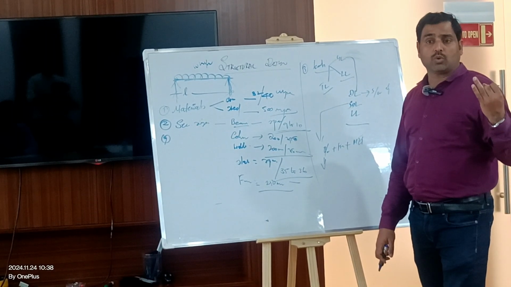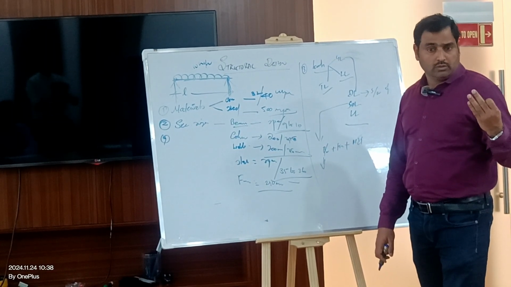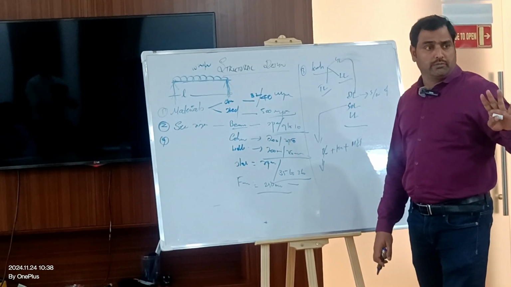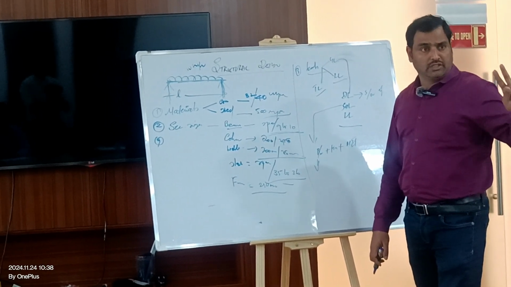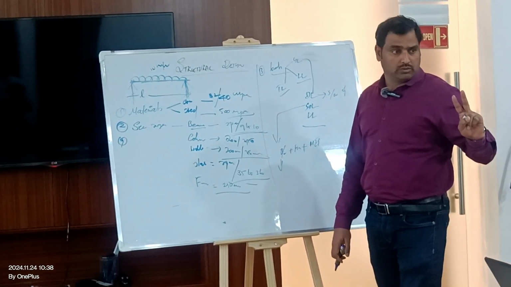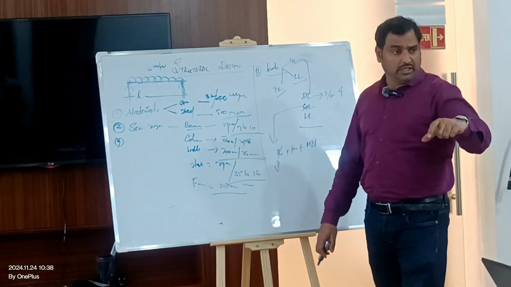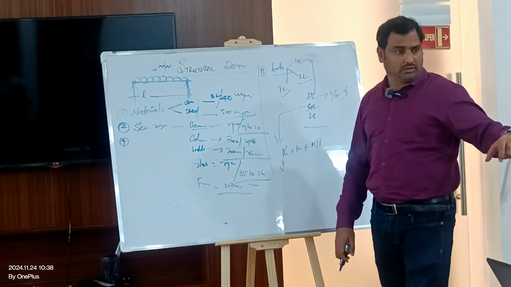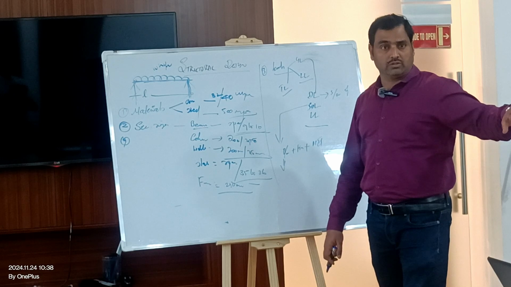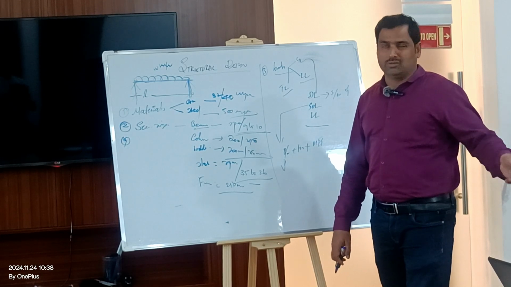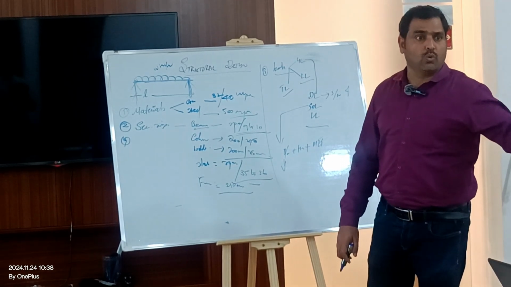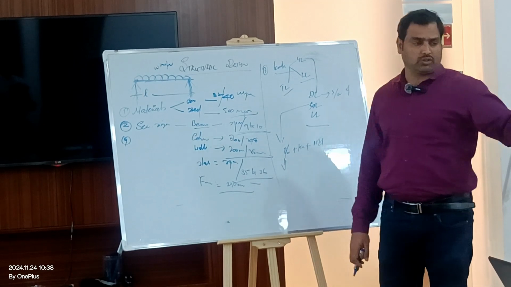AAC, hollow block work, solid block work. Definitely we are not going to use solid block work for the entire construction. Either we will use AAC or hollow block work. Except the substation, no one is going to use solid block work for the entire construction.